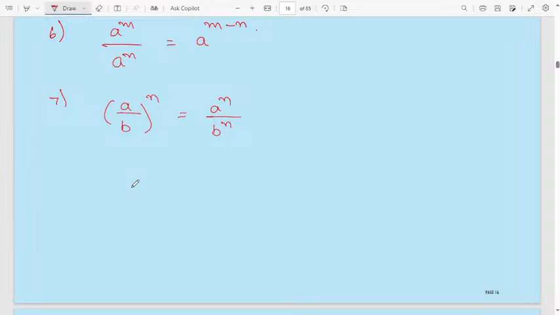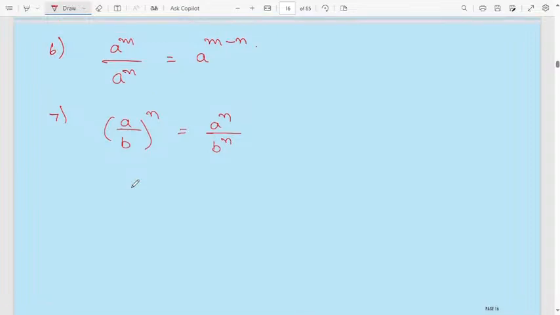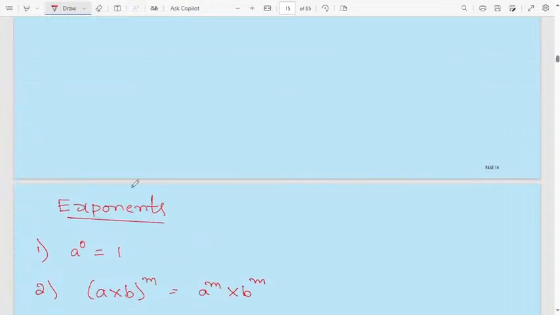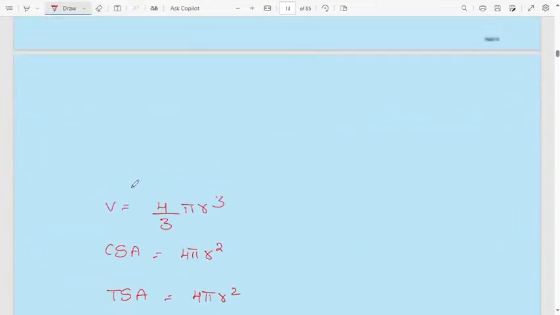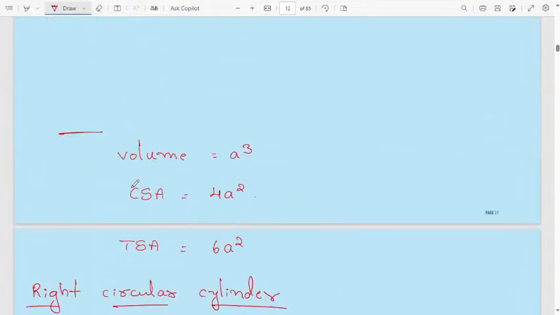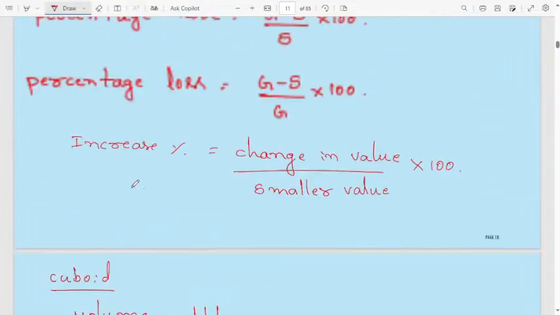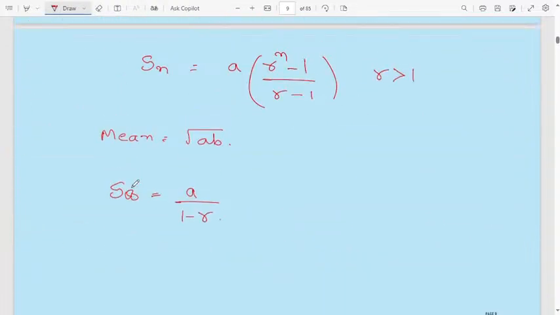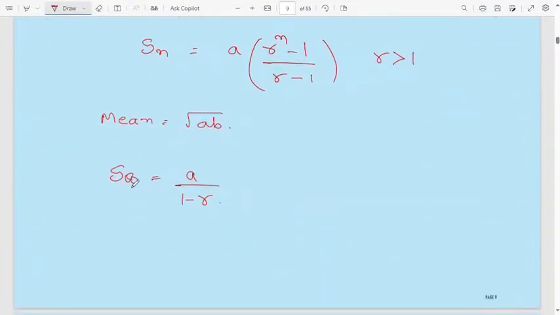One I left, arithmetic mean, harmonic mean. Okay, I will write in that one only. Whether I left the space or not, I don't know. Let us write here only.